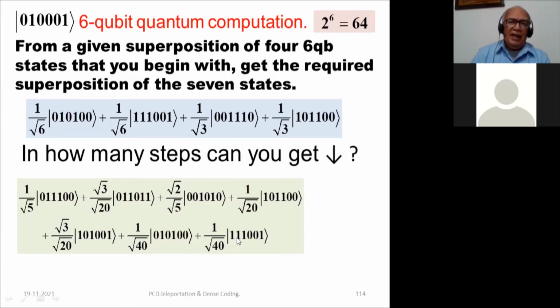And you might think that, yes, I can do this using classical gates, because with classical gates, you can certainly manipulate the bits, zeros and ones, but you will need a certain number of steps. In fact, you would need thousands of steps to go from this superposition to this superposition, if you were to use classical gates and classical computing.